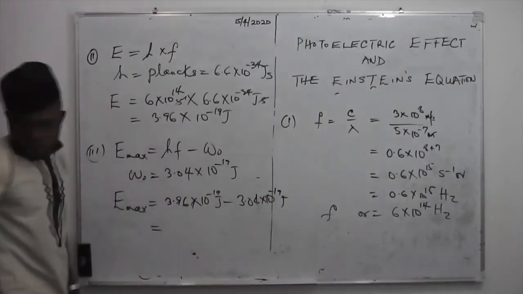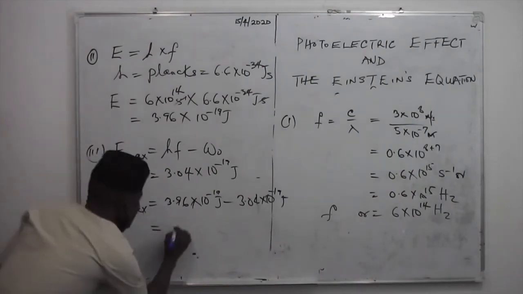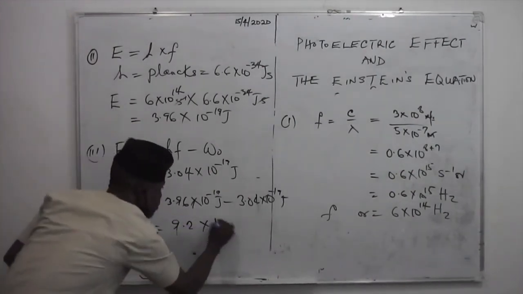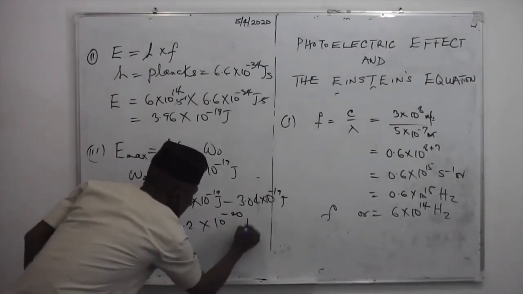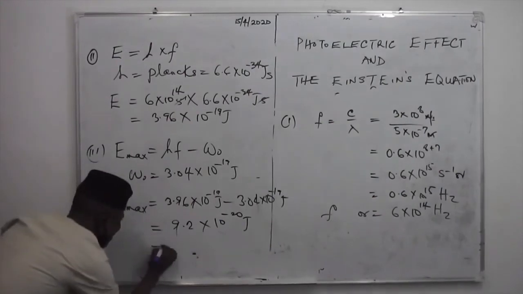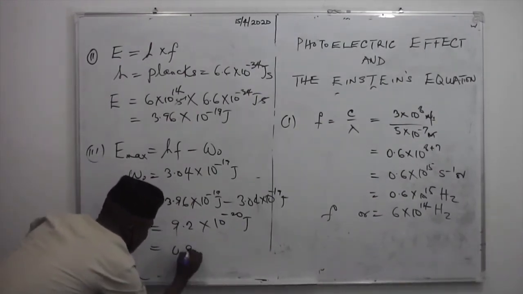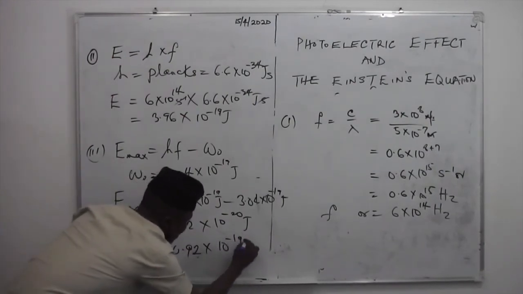That makes it easy to subtract, and we have 9.2 times 10 raised to minus 20 joules, or better still, 0.92 times 10 raised to minus 19 joules.